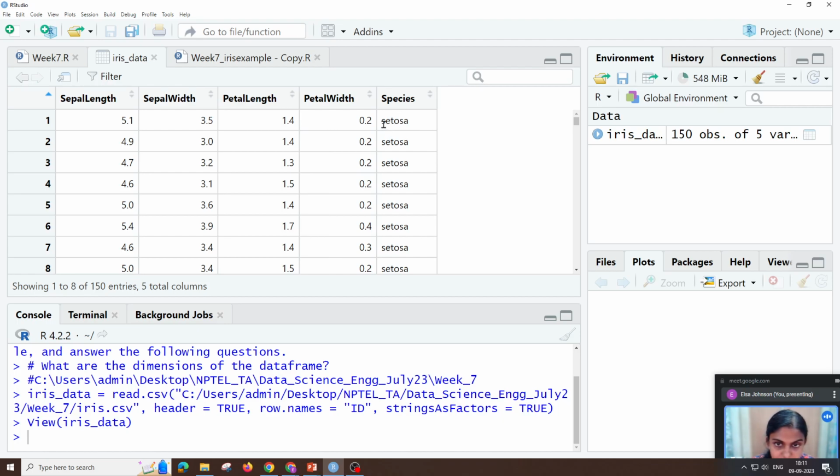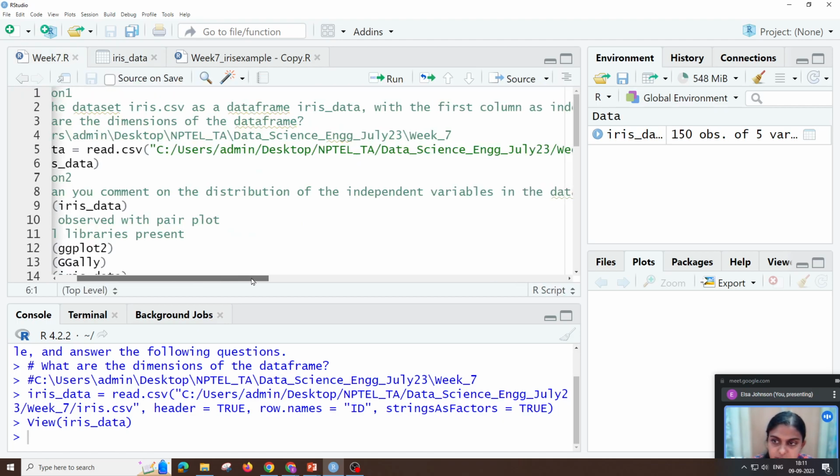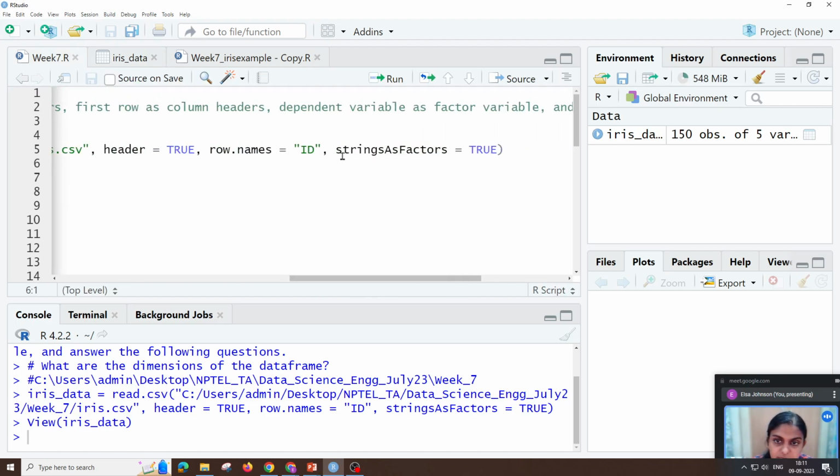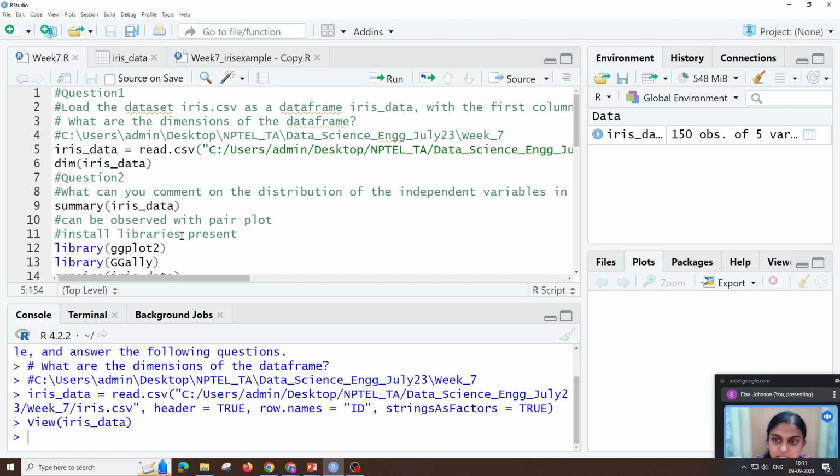This is because we gave that specific condition that strings should be converted to factors. Otherwise it would have been taken as a character variable.